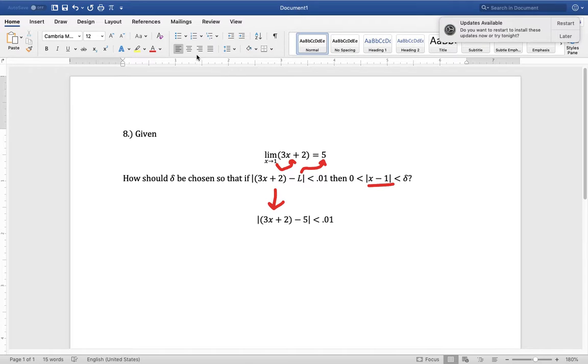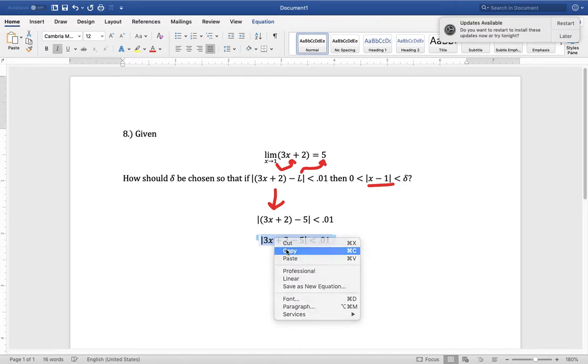So I'll keep using what I had, but now with 5 put in, this is the absolute value of 3x plus 2 minus 5 is less than 0.01. Let me copy this one and keep going from here.